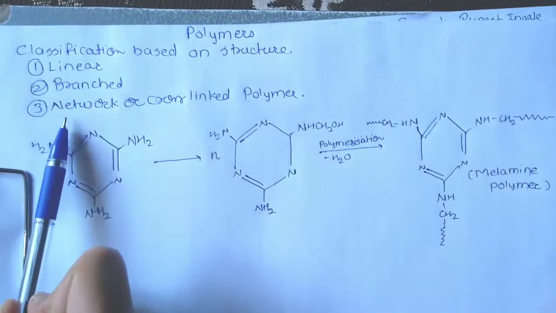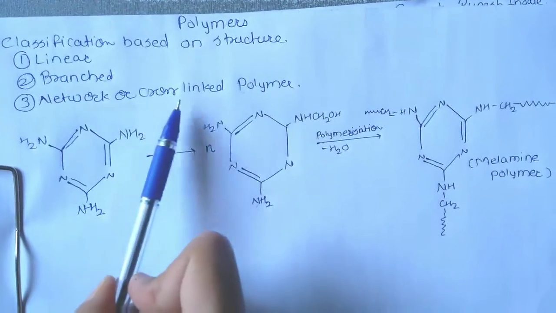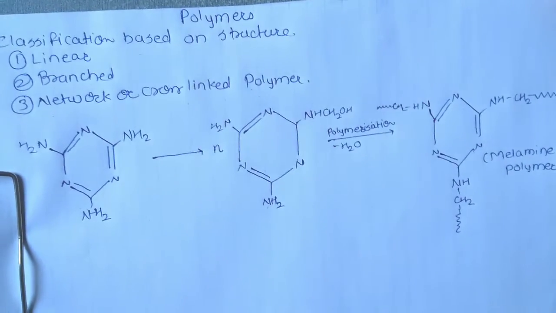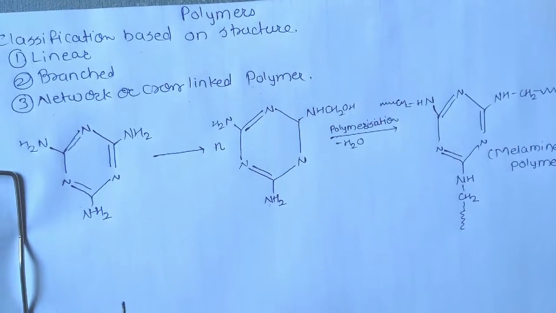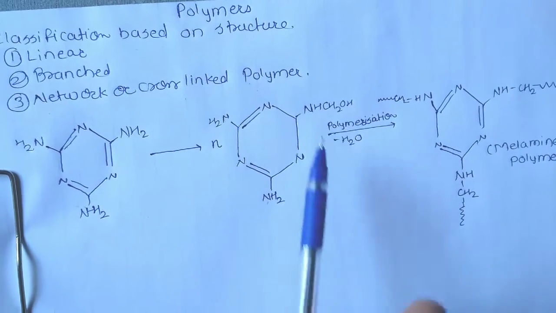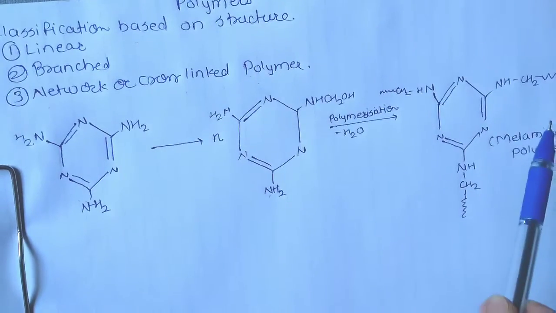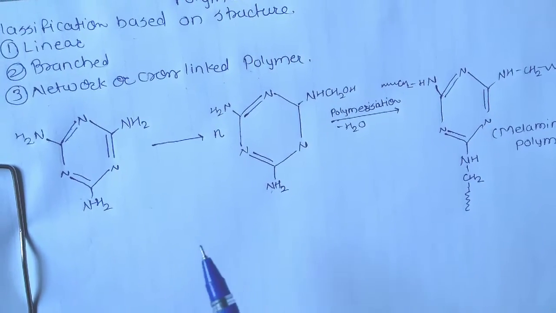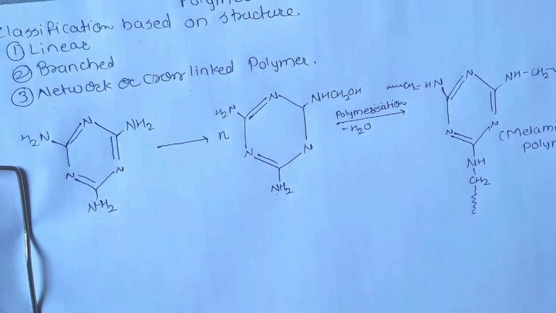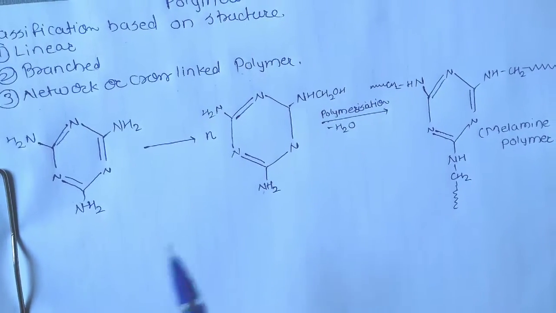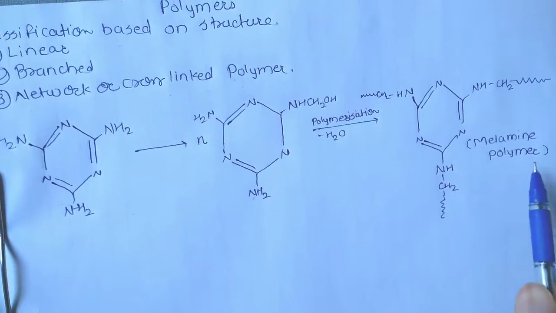Now we see network or cross-linked polymer. In network and cross-linked polymer, linking of polymer chains by strong covalent bonds leads to a network polymer. Network-like structure. They are also called cross-linked structure due to cross-linking. So basically, now we see melamine polymer.